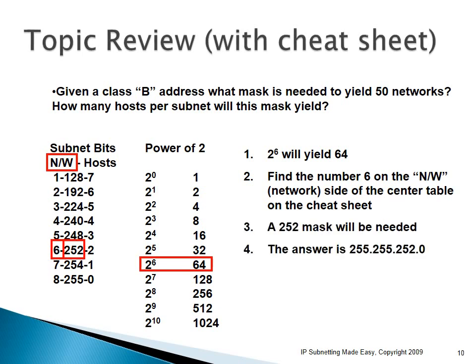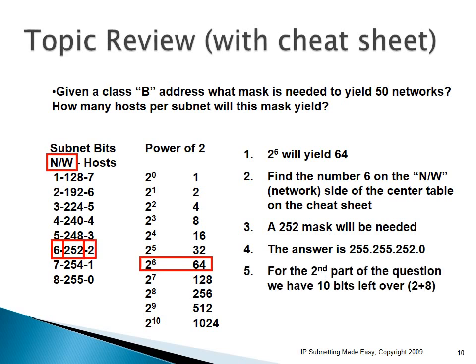So the answer to the first question is 255.255.252.0. For the second part of the question, we see we have 10 bits left over. That is 8 from the 4th octet and 2 from the 3rd octet. 8 plus 2 being 10, 2 to the 10th equals 1024.